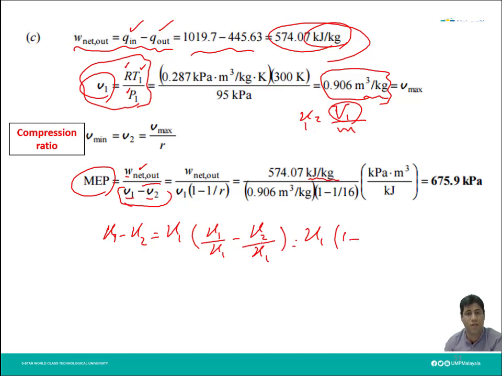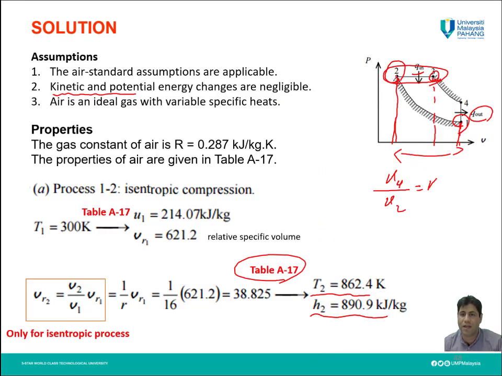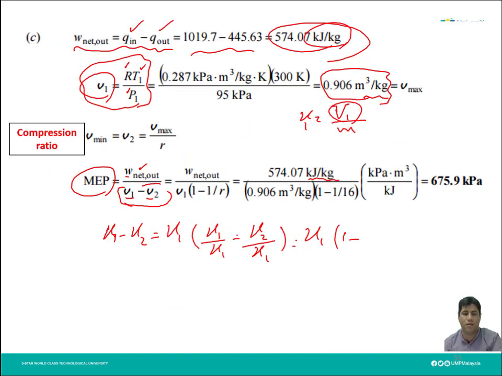V2 divided by V1, if you look at the cycle, means minimum volume divided by maximum volume, which is 1 divided by R. R is the compression ratio, or V1 divided by V2. So we can write V1 times 1 minus 1 divided by R. Here we have already calculated V1, so we can write V1 here. R is 16.